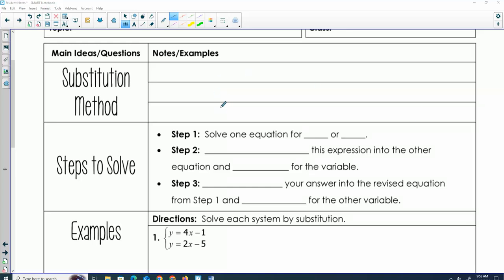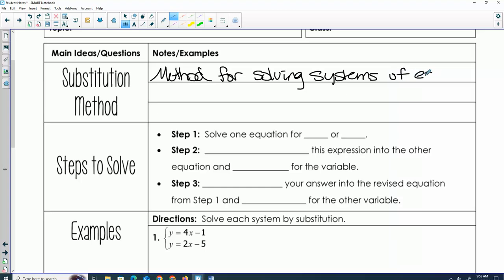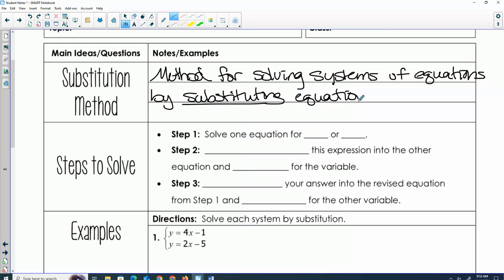So one option is the substitution method. This is a method for solving systems of equations by substituting equations within one another.